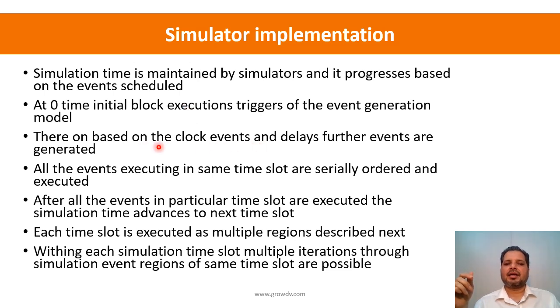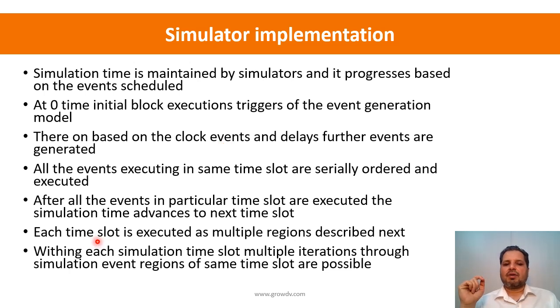And then, based on the clock events and delays present in your design or in your own testbenches, further events get generated. In zero delay models, there could be multiple events in the same slot, and they need to be serially ordered and executed by the simulator. After the events of a particular time slot are executed, the simulation advances to the next time slot.